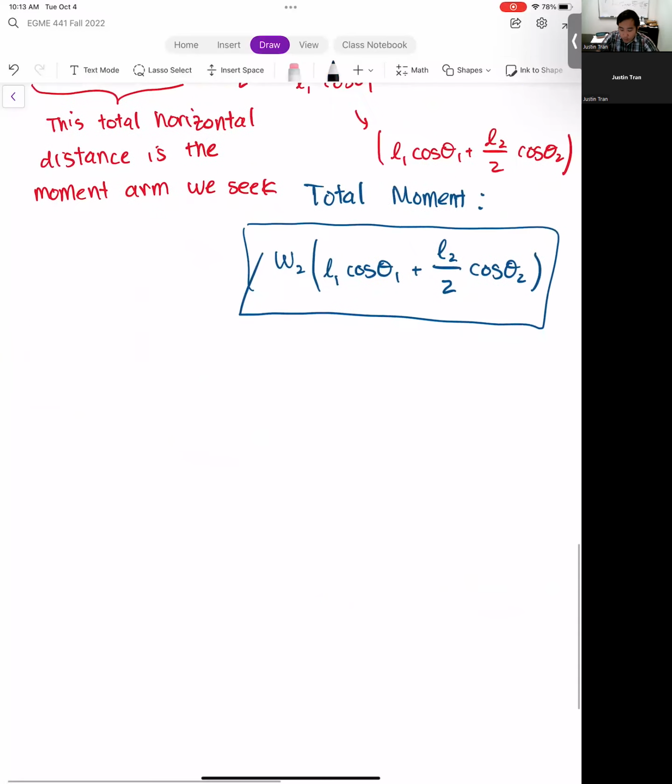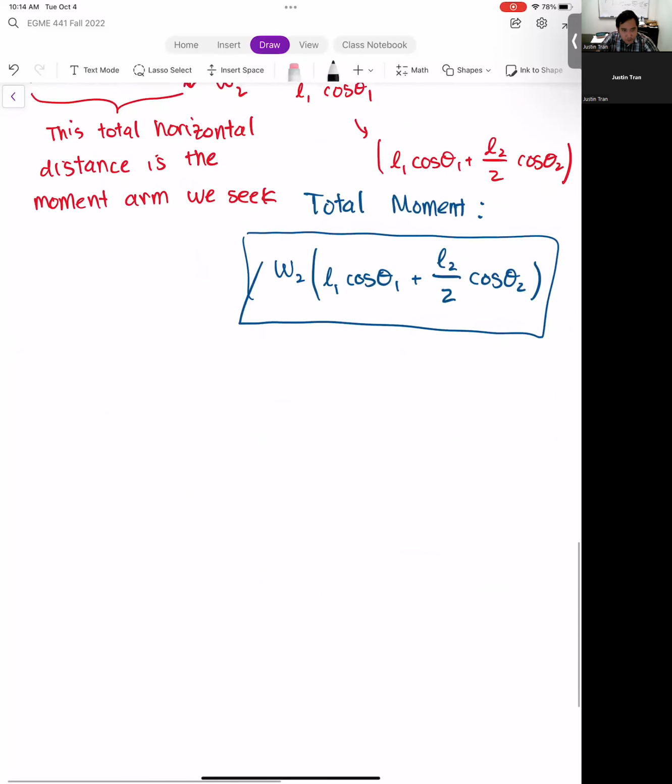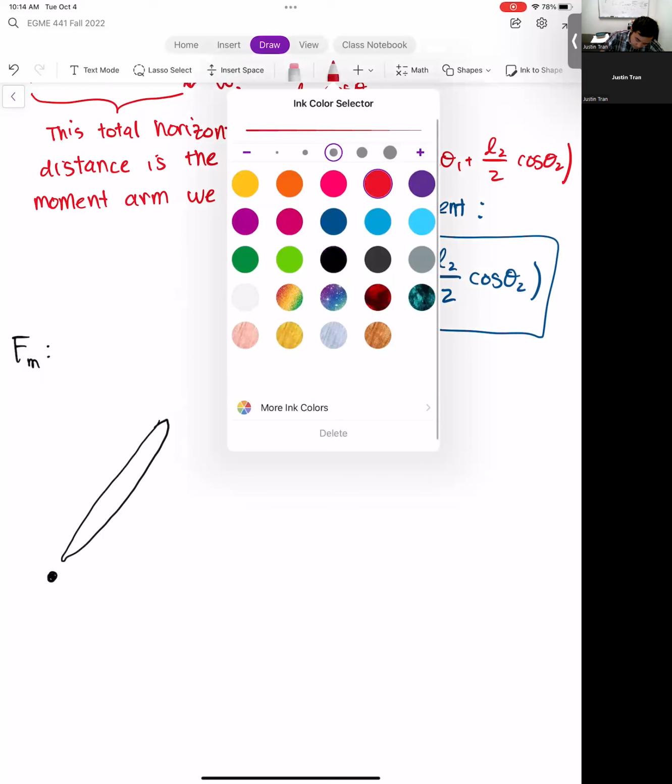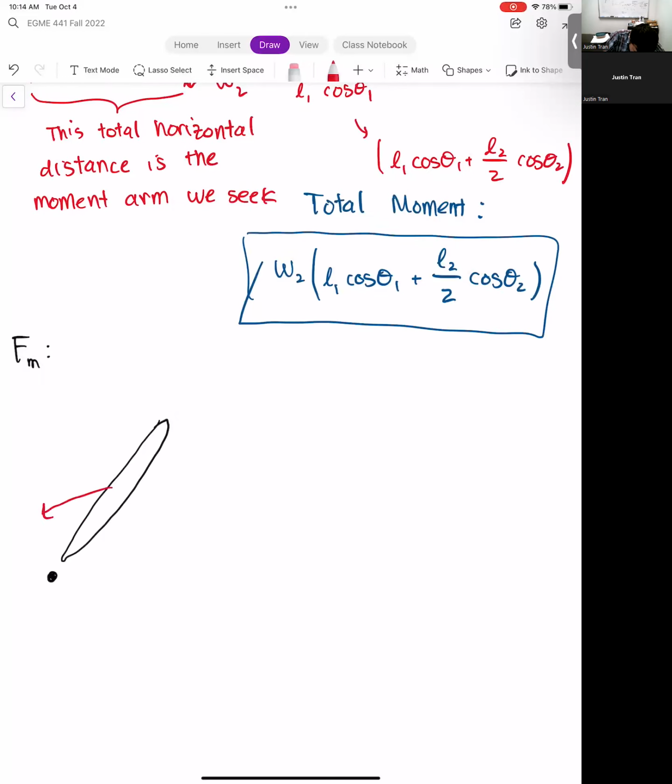Let's go ahead and do the moment arm for the muscle force, because the logic for this one is a little bit unique. Once again, I'm going to draw the arm. And then we have Fm acting on the arm, theta m, and this distance right here, Lm.